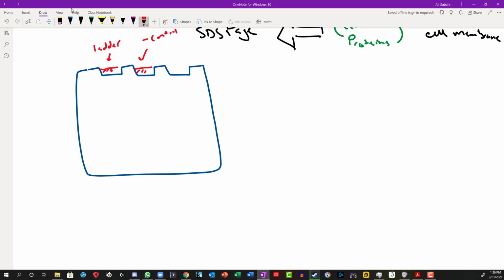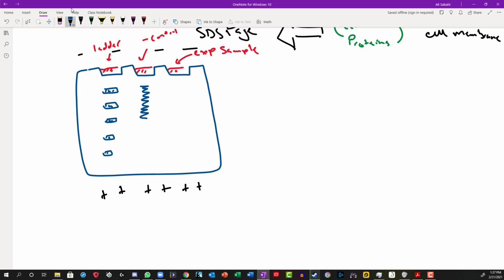And in one well, we have our experimental sample. We apply the voltage, negative on top, and our samples run. And of course, the ladder will give us nice bands at different weights, as we saw before. And these will be smears of proteins at different weights in both cases.